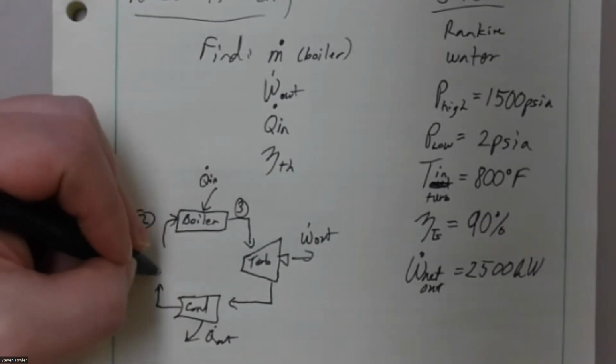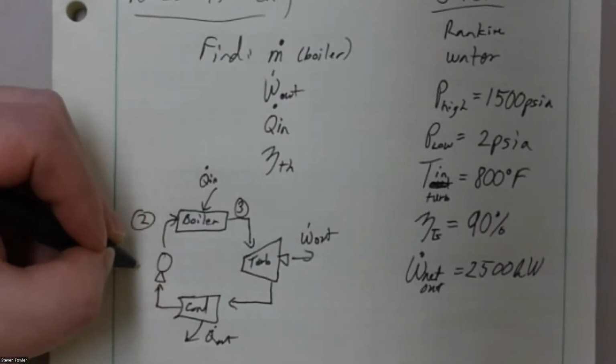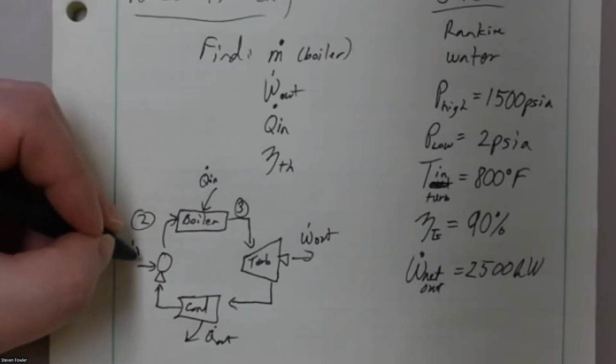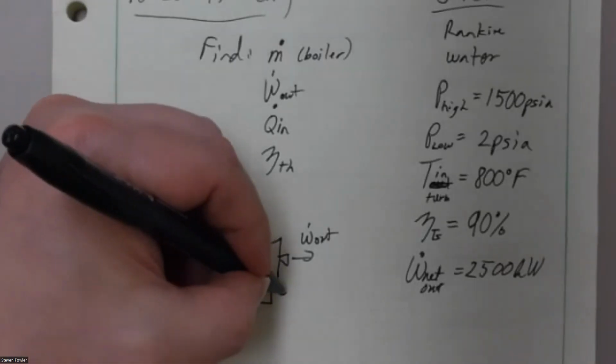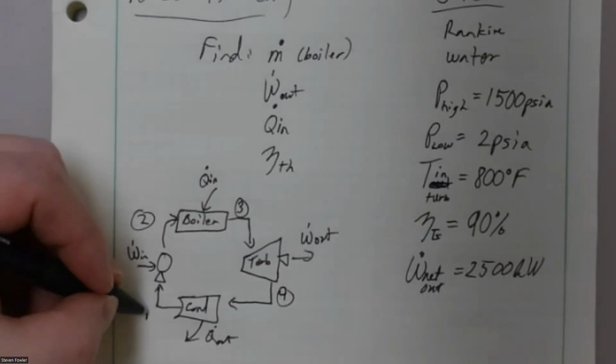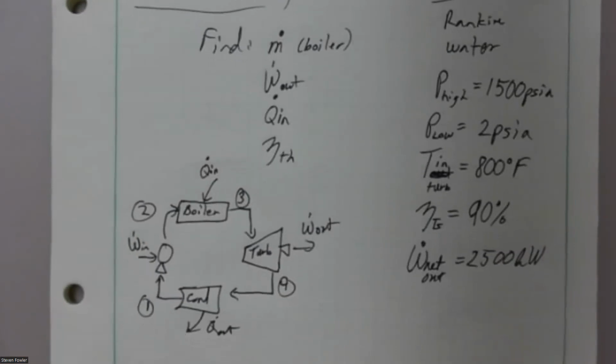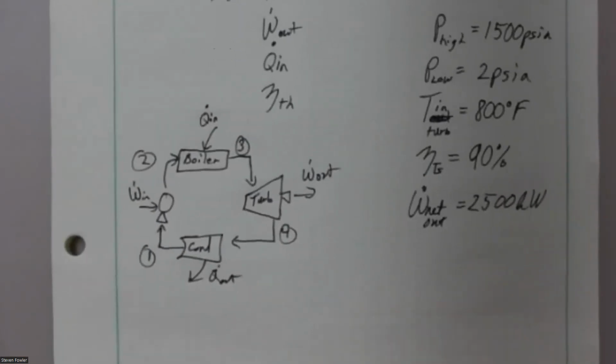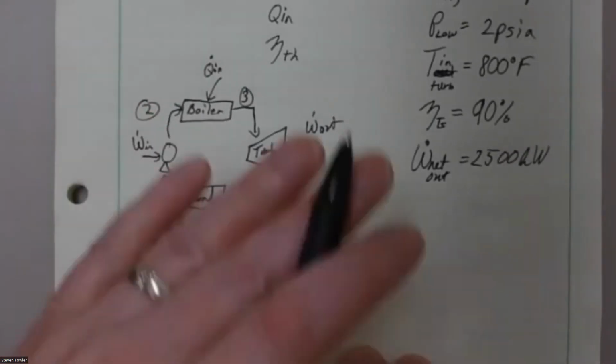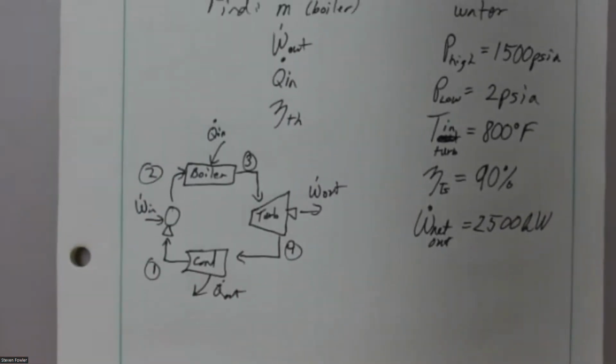From there, it goes into a pump where I'm going to put a little bit of power input. Again, coming out of the turbine is 4, coming out of the condenser, going into the pump is 1. Okay, so I've drawn that quickly. It's a little sloppier than even normal because this is just for reference.